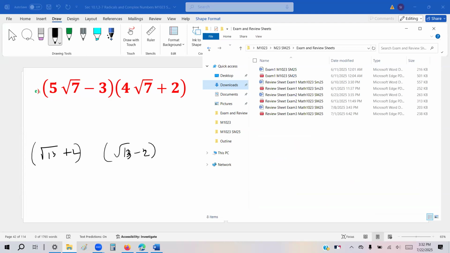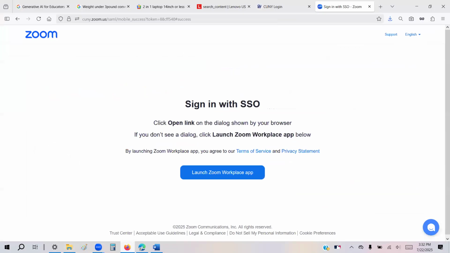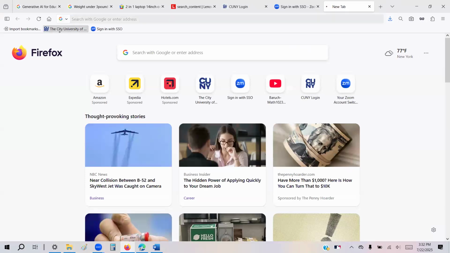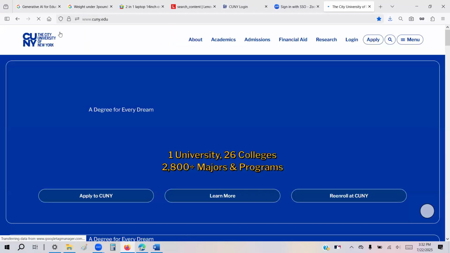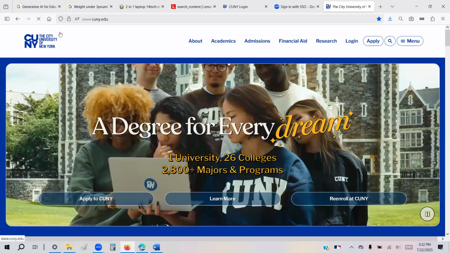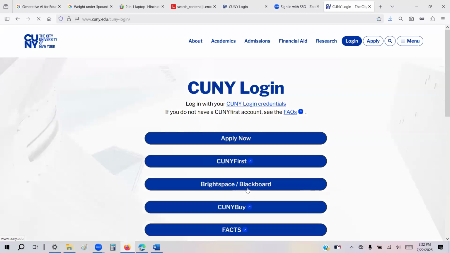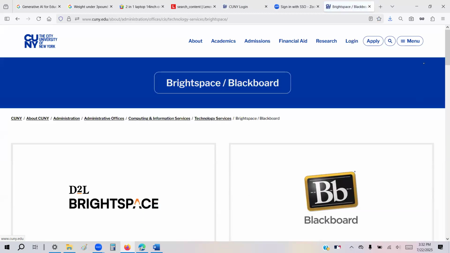Okay, let me download from... I can use that, but then it will not be recorded. But if you need it in case, let me just go to Brightspace.